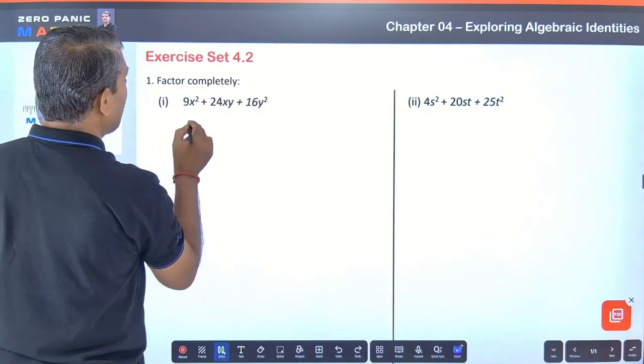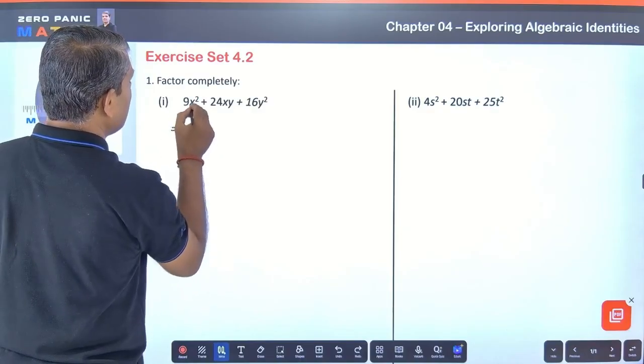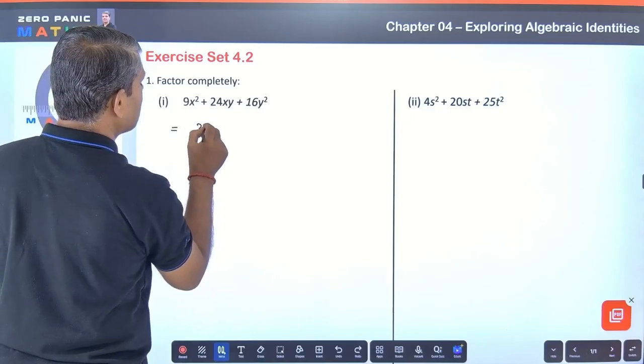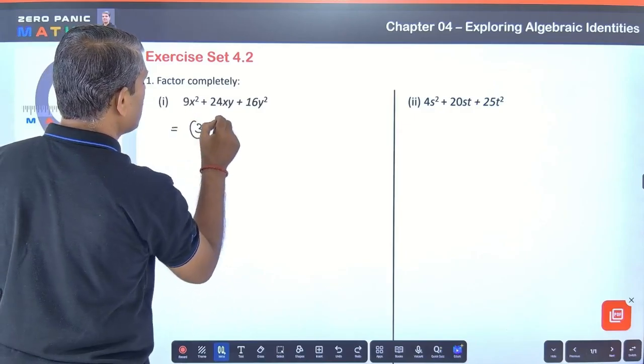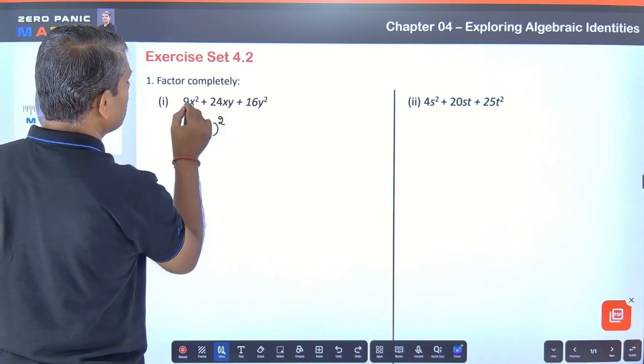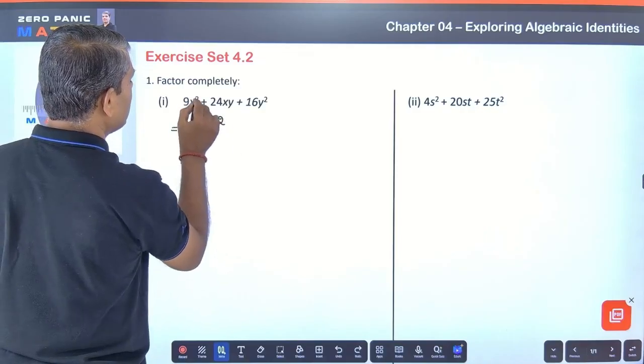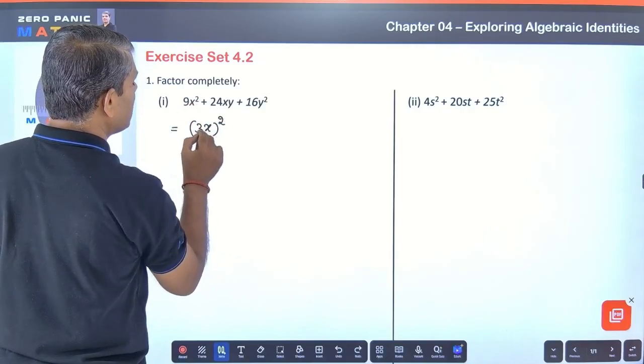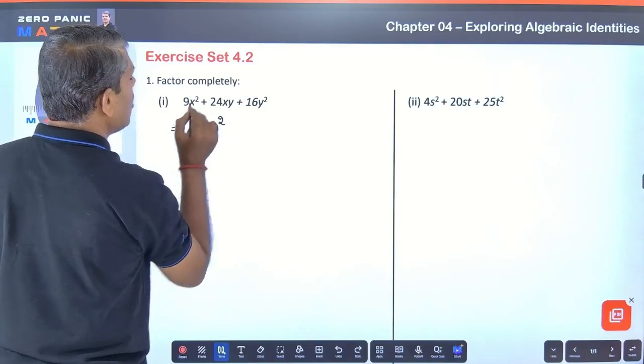But I can rewrite 9x square as 3x whole square. I can do this because 3 square is 9, and x square is x square. So 9x square I have just written as 3x whole square.